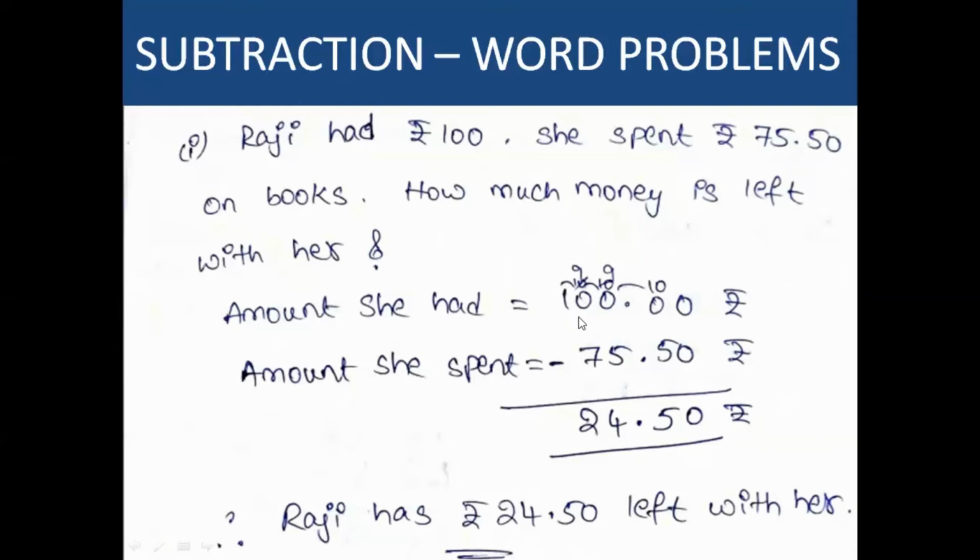It will change to 9. 9 minus 7, 2. 24.50. Put the decimal point after two decimal places. Raji has 24.50 rupees left with her.